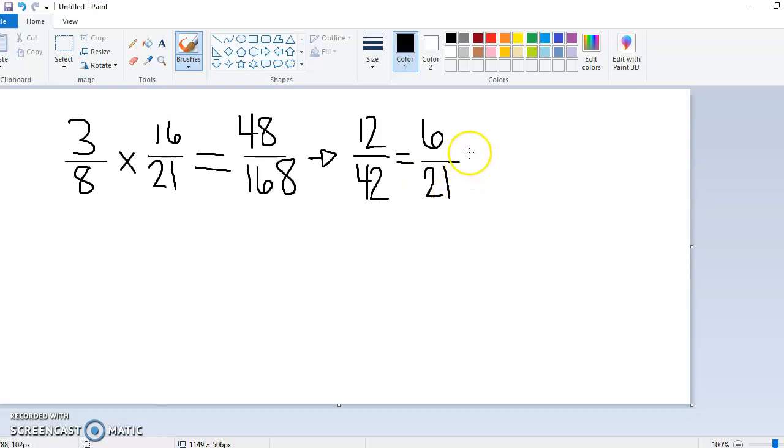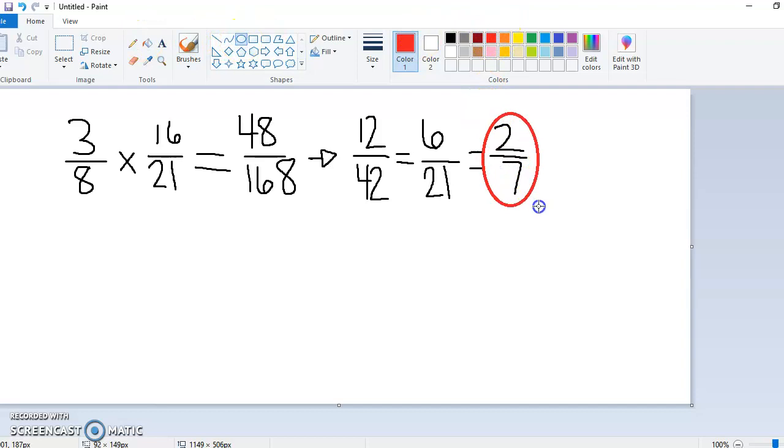Okay, then guess what? You get to keep going. I know you're stoked. I can feel it. Okay, then you would divide both of these numbers by 3. So 6 divided by 3 is 2. And 21 divided by 3 is 7. And that right there is what your final answer would be.